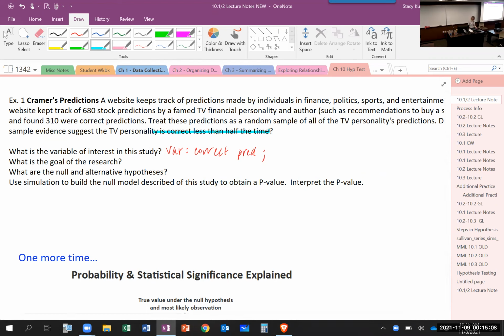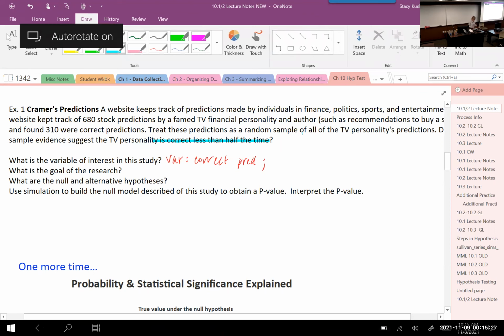Okay. So now we want to consider what the null and the alternative hypotheses are. First, before we get into that, it might be helpful to understand our parameter as well as our p-hat.